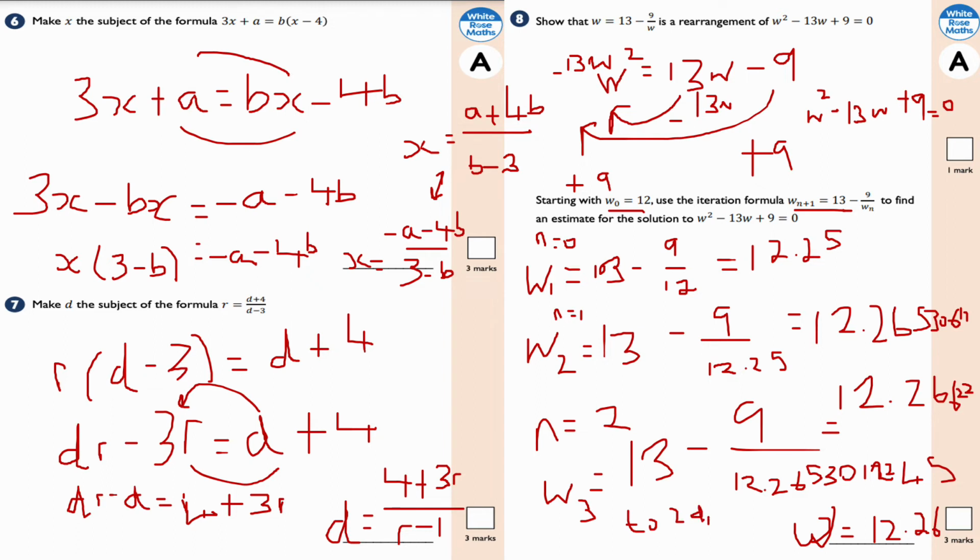So 12.26 is what I'm saying, because it starts repeating again. 12.2660382867 is very similar to the previous one, 12.265302122. It's obviously getting closer and closer to 12.26.